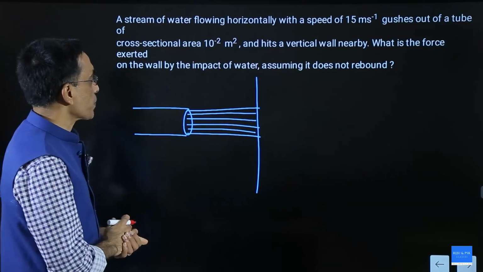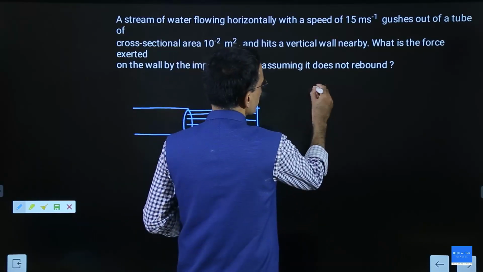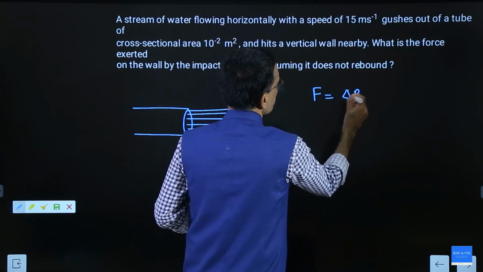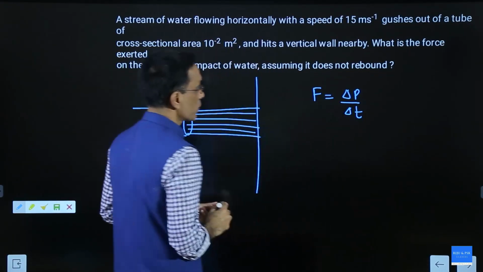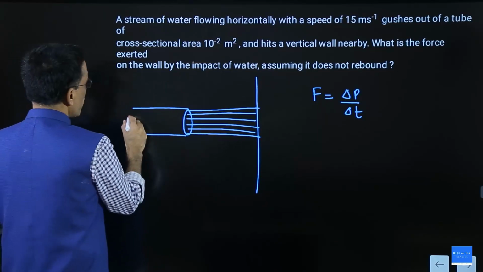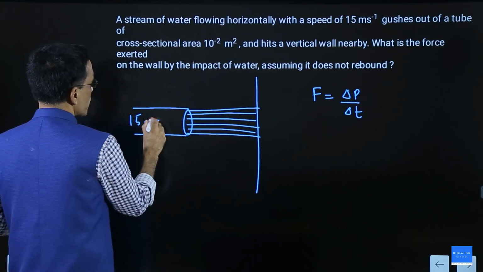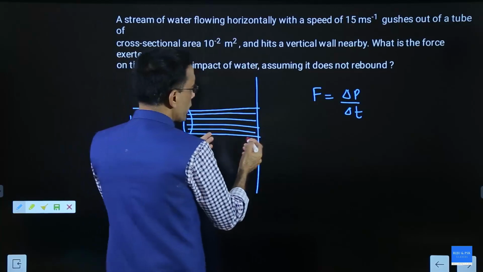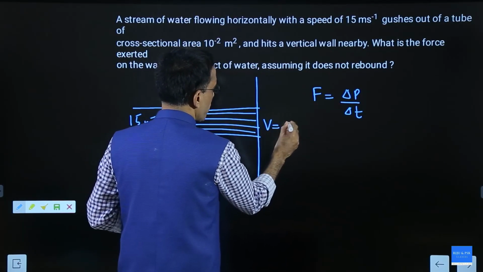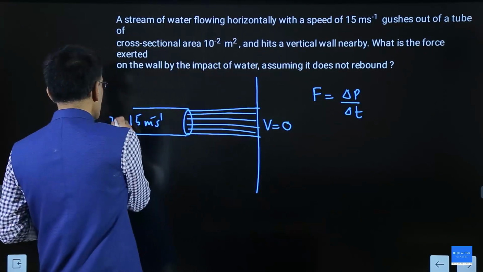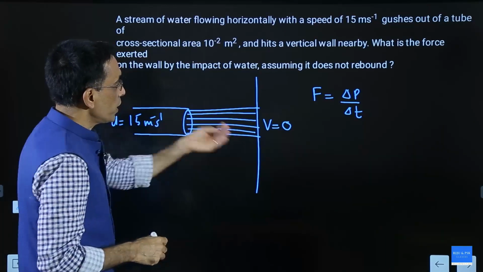Now we can use the equation F is equal to delta P divided by delta T. The water was coming at a speed of 15 meter per second. But after hitting the wall, the velocity is becoming 0. So initial velocity u is 15 meter per second, v equal to 0.